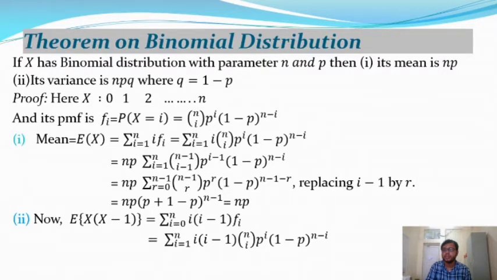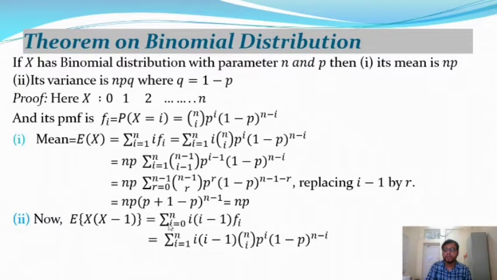I have already mentioned this in the previous class. Now the expectation of x into (x minus 1) is equal to the summation over i equals 0 to n of i into (i minus 1) into f(i), where f(i) is the probability mass function, equal to nCi into p to the power i into (1 minus p) to the power n minus i.